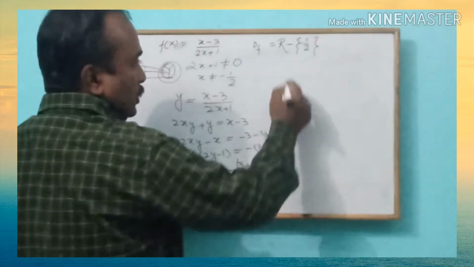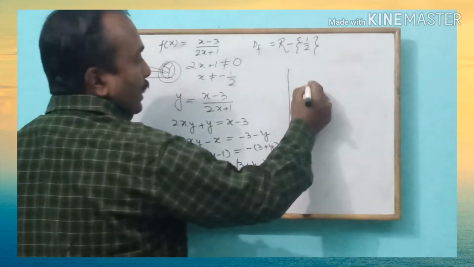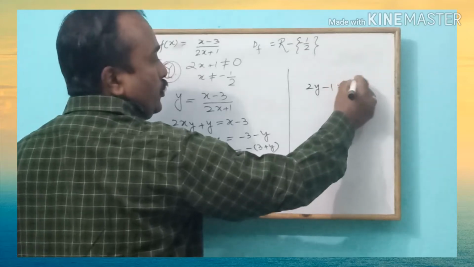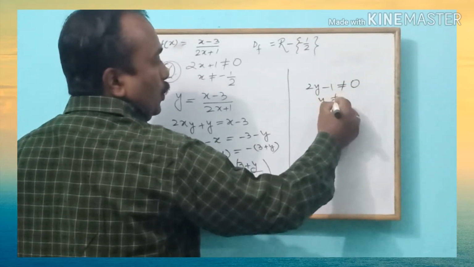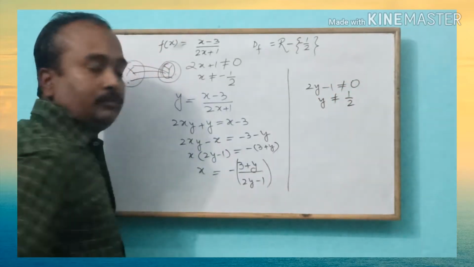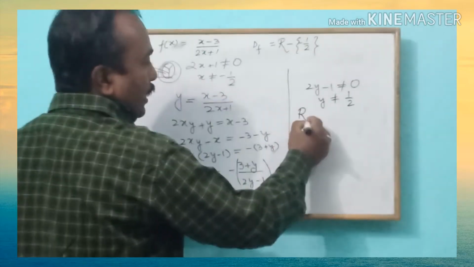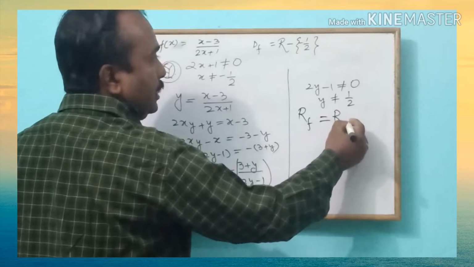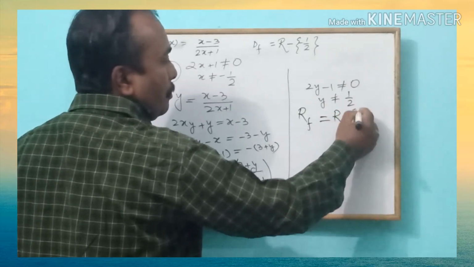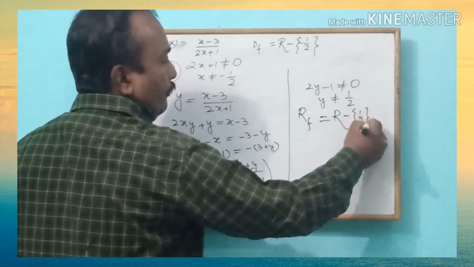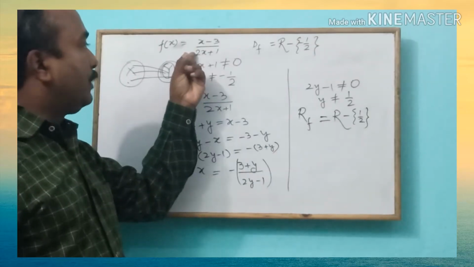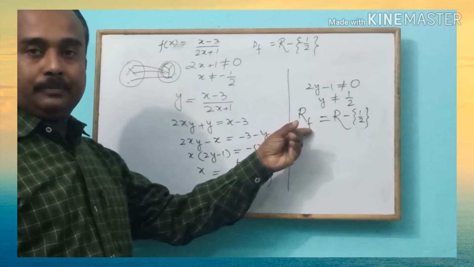That is possible only when 2y - 1 is not equal to 0, or y is not equal to 1/2. So the range of f becomes all real numbers except the number 1/2. This is how we find the domain and the range of this function.